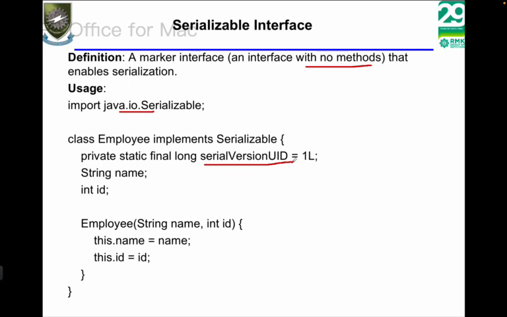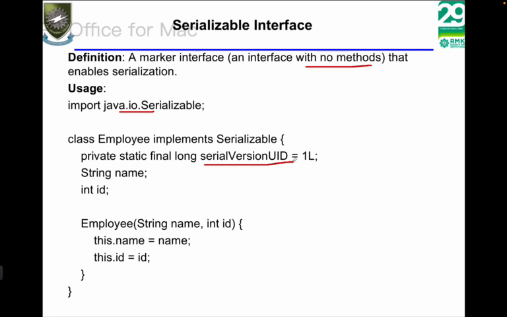What do you mean by that? The serial version UID is just a unique identifier which helps during deserialization. I will tell you how.